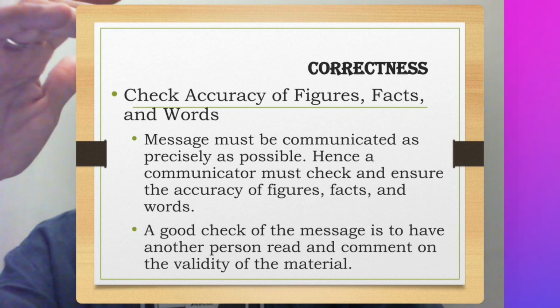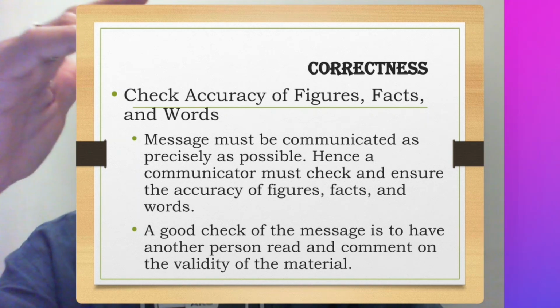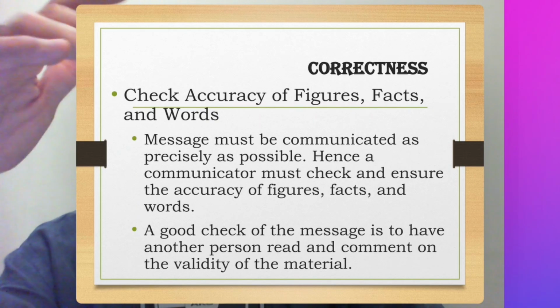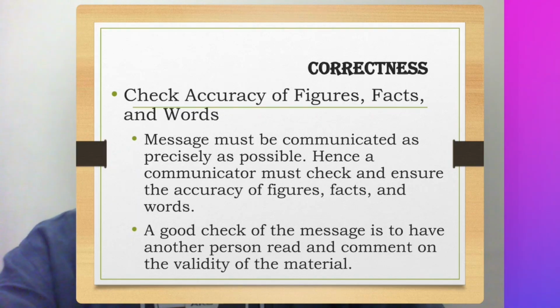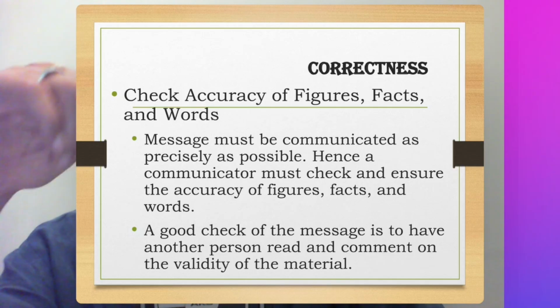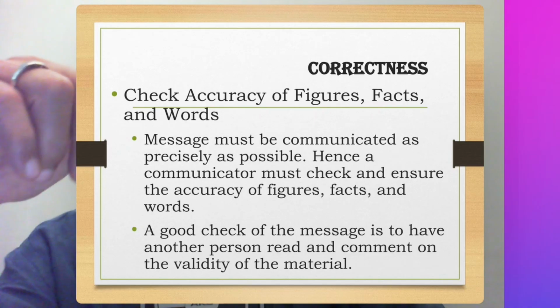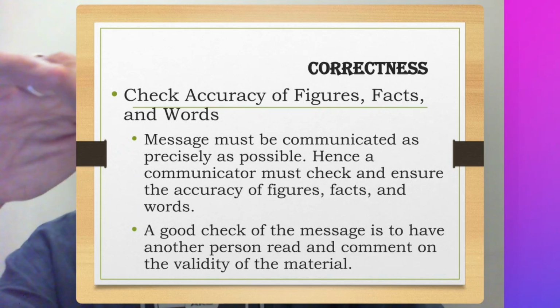Supposing we are talking about a census. So if a census was conducted 3 years ago, then you can quote the data of that census, because that's the latest available. There's nothing else available after that. So you have to check, you have to recheck, you have to find out, and only then can you include that in your business communication, in your document.